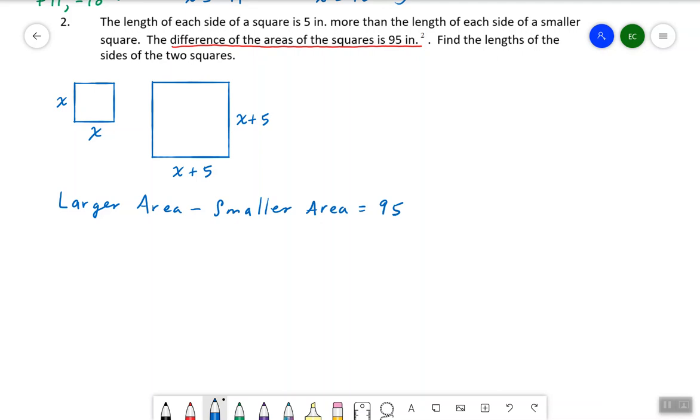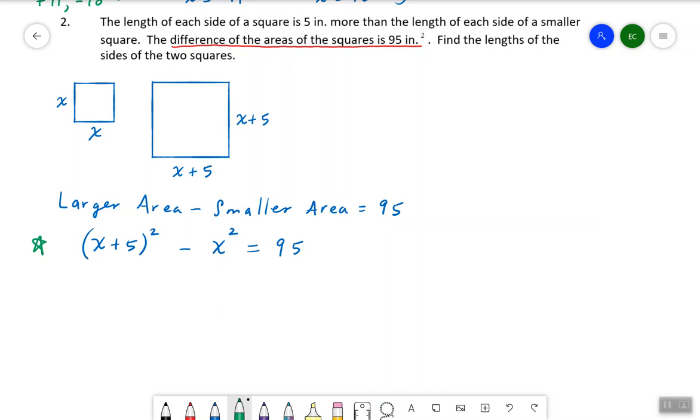For the larger square, the area is length times width, x plus 5 times x plus 5, or just x plus 5 squared. And for the smaller square, length times width is x times x, or x squared. And so here is our quadratic equation that we have set up, and now we just need to solve it.